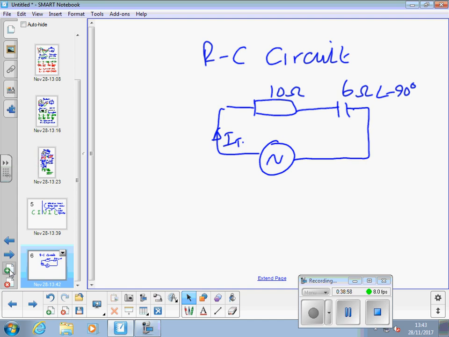So now we're moving over to a circuit that's got resistance and capacitance in series. Phasor diagram.